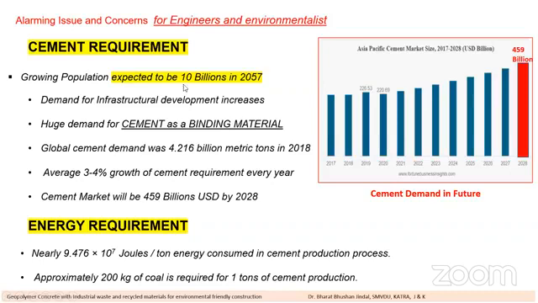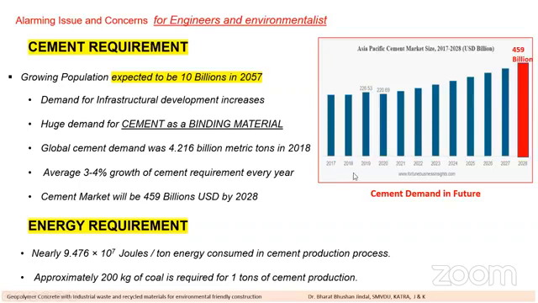With the growing population, which may be up to 10 billion in 2057, the demand for infrastructure development is increasing day by day, and we are facing a huge demand for cement as a binding material.